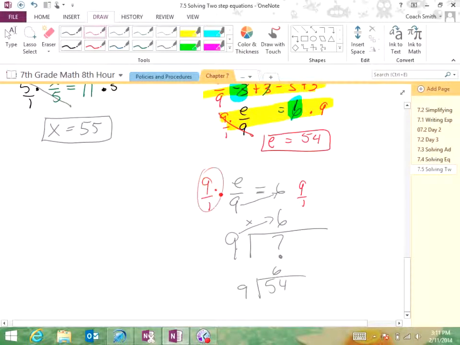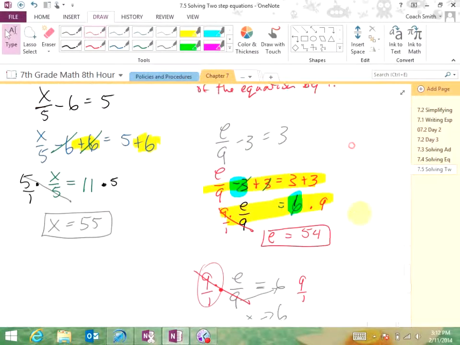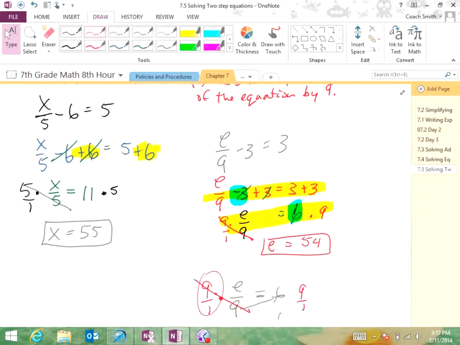This right here just says, okay, I can cancel those two out, leaving me with the E. Even on this one up here, all we were doing is taking 5 times 11. 5 times 11 is 55.